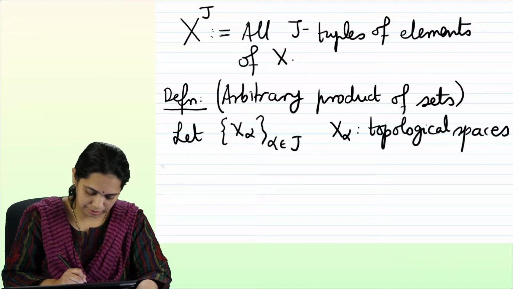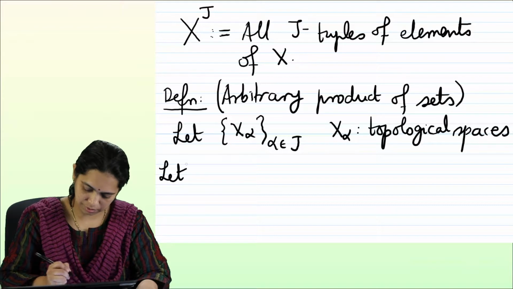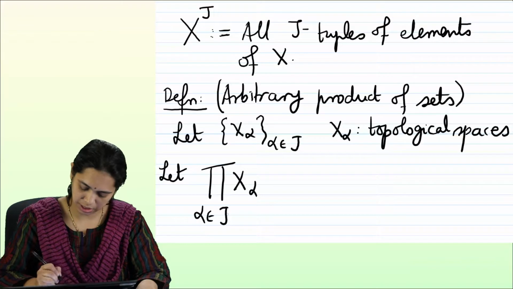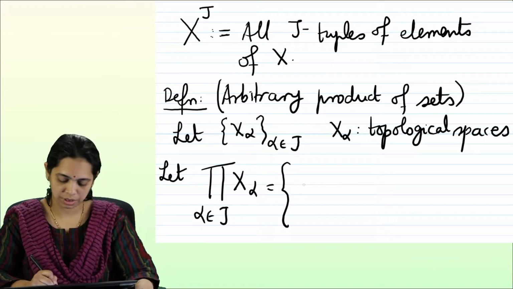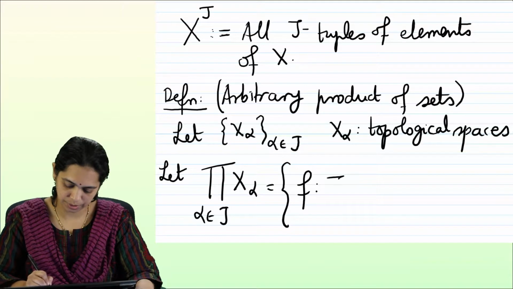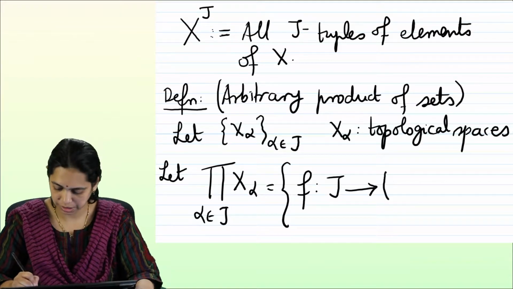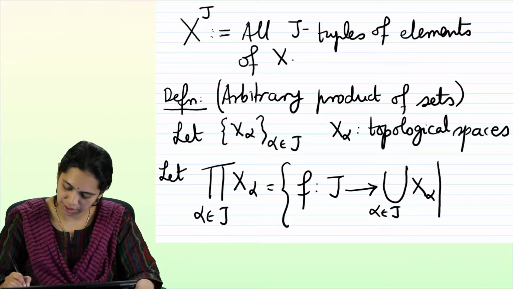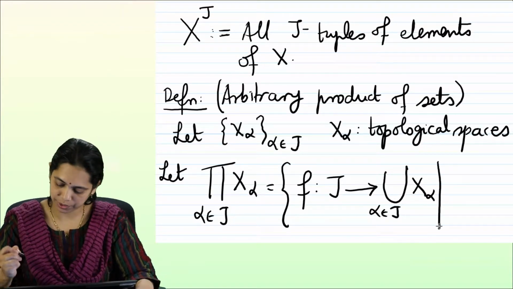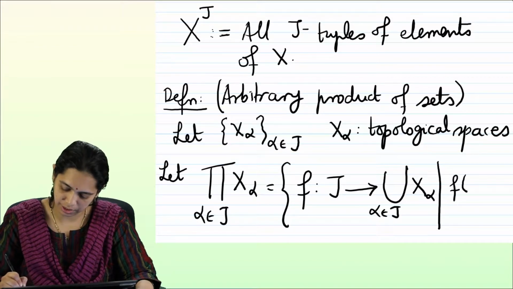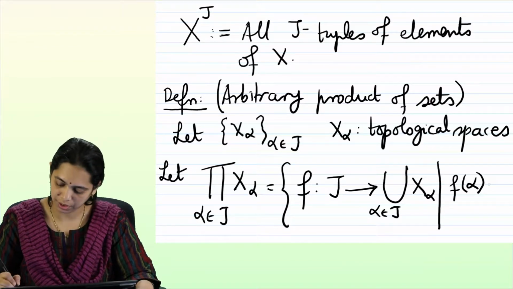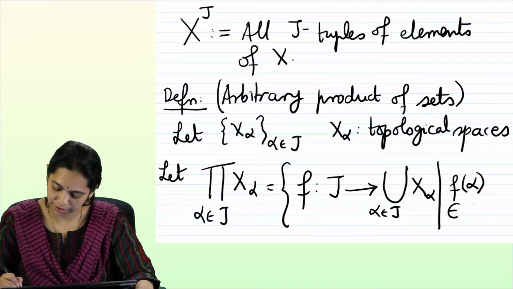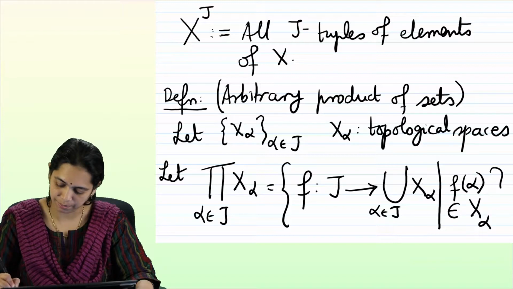Then let product X alpha as alpha varies over J be, as before, set of all functions from J into the union of all X alpha as alpha varies over J, and we impose the following condition, namely when you evaluate f at a coordinate alpha, then the answer should precisely belong to X alpha.